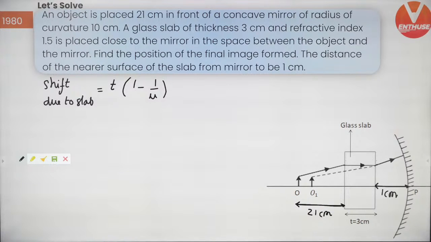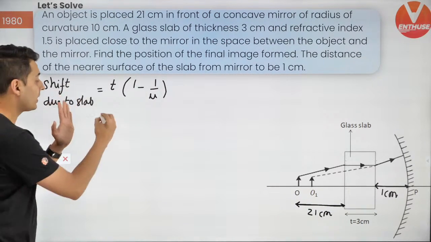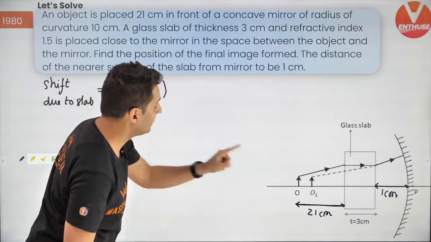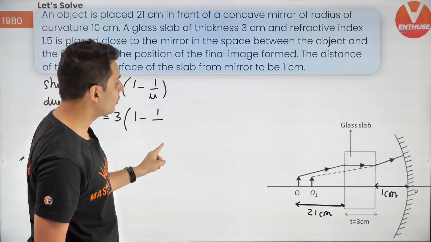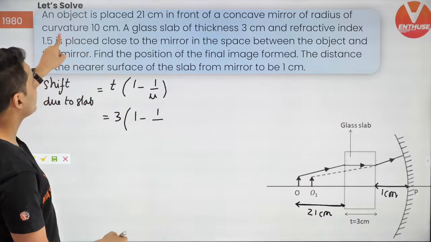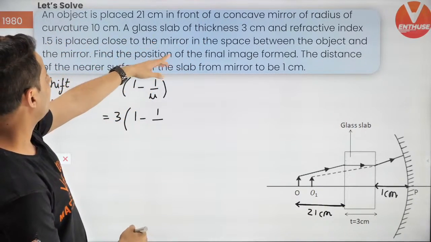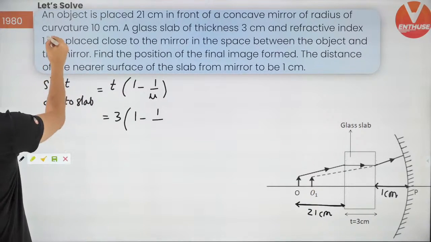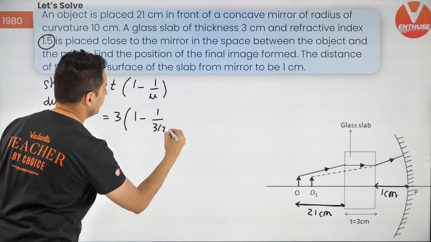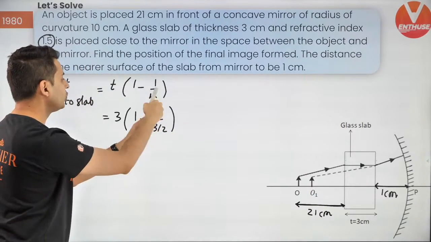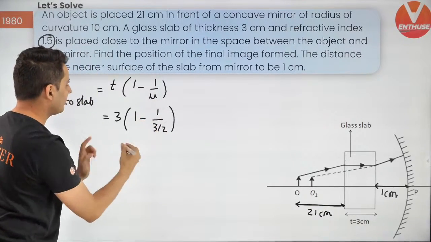Yes. Now let's do this. What is the thickness given? Thickness is 3. 1 minus 1 by mu. What is mu? Is it given somewhere? Yes, 1.5. This is the refractive index. 1.5 means 3 by 2, so 1 by mu will become 2 by 3. 1 minus 2 by 3 is 1 by 3.